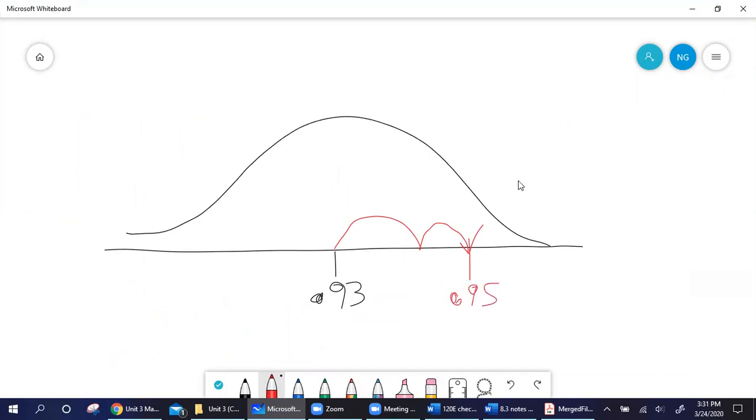The question we're asking ourselves is, is 0.95 far enough away to where we say, oh, this must be the wrong assumption, or the null must be wrong? Or is it close enough that we say, yeah, this could happen. Things vary in statistics. That's okay.